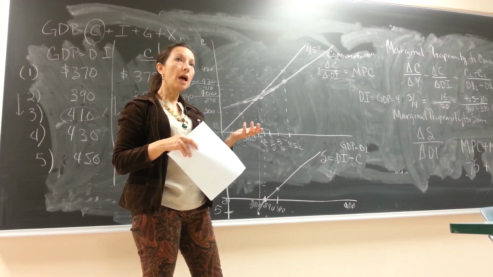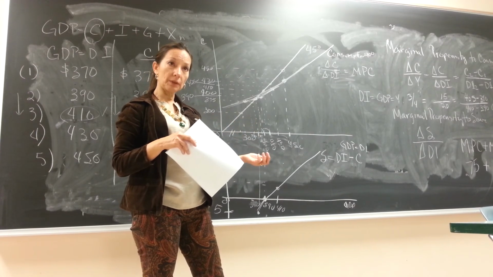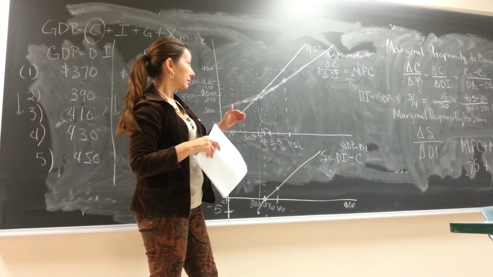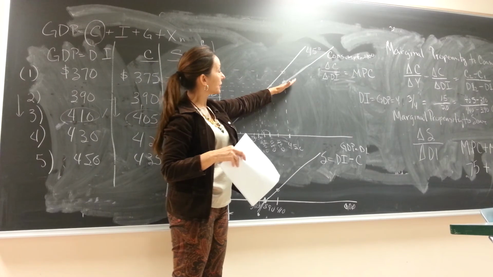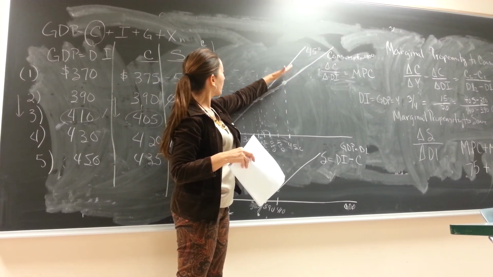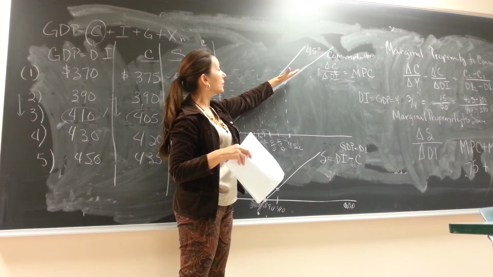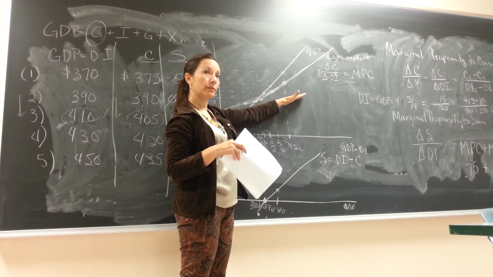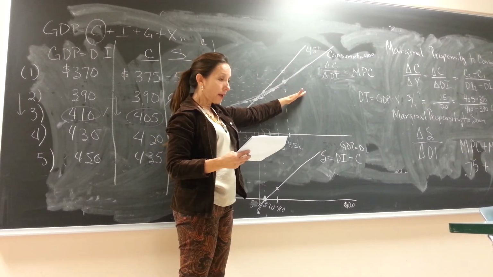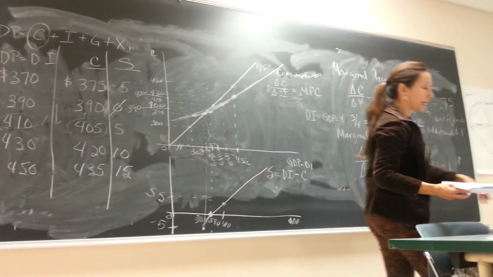If your wealth goes up, what's going to happen to your consumption? Going to shift around. Okay, so in this case, it's going to shift upwards. Okay, if your wealth goes down, your curve is going to shift downwards. Okay. So we'll go over the shifters next time.